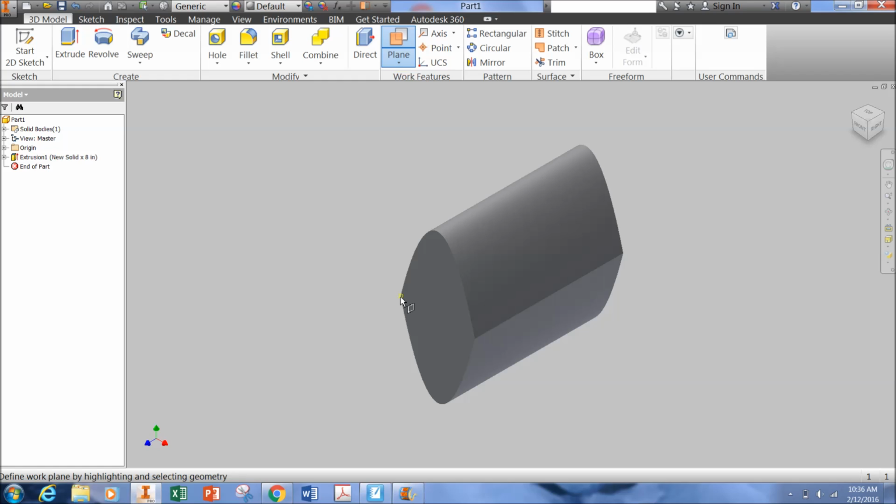Select each point in the XY plane with a left mouse click and one point in the XZ plane. This creates a new work plane. We are then going to select and start a new 2D sketch on that work plane.